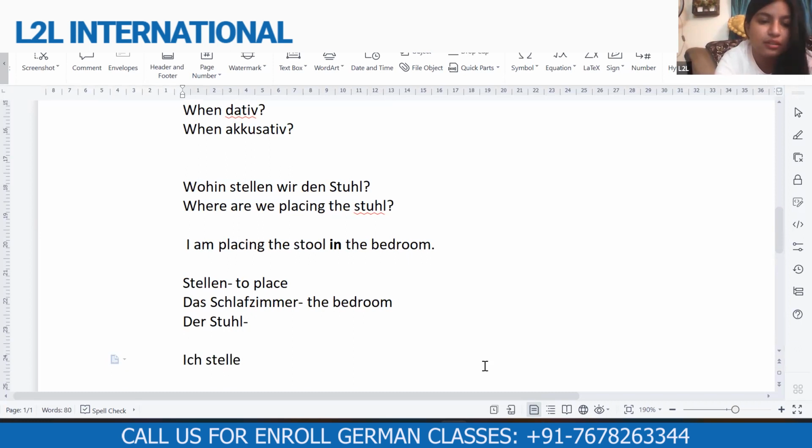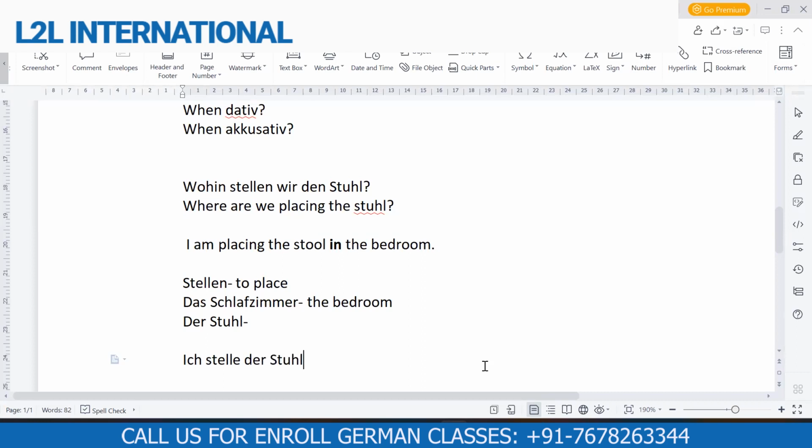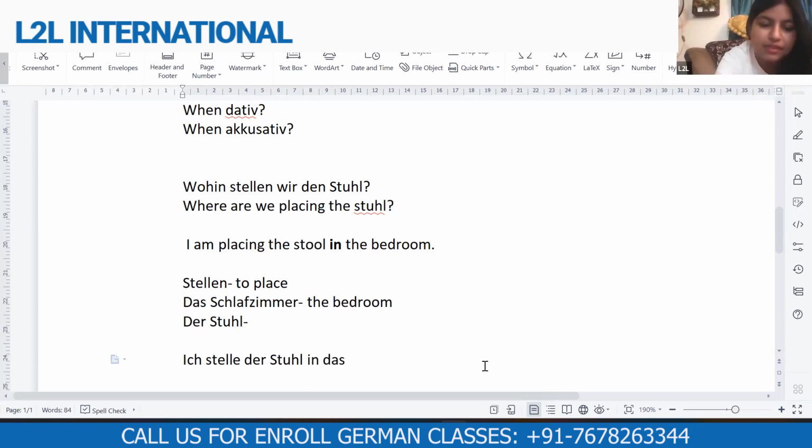Ich stelle. Can anybody complete it? Ich stelle the stool in the bedroom. How do we complete it? Ich stelle der Stuhl ins Bad. In das Schlafzimmer.